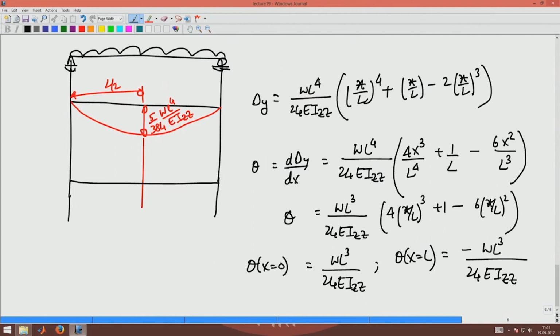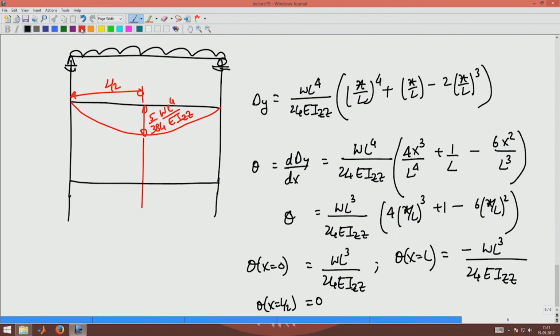Why is the sign of theta varying from x equal to 0 to x equal to L? Okay, that is the question. Now, if I were to plot this cubic equation, and you know that theta at x equal to L by 2 is 0, it is a continuous function. So, if there is a 0, the sign has to vary from positive to negative. Okay, so this is a cubic equation.